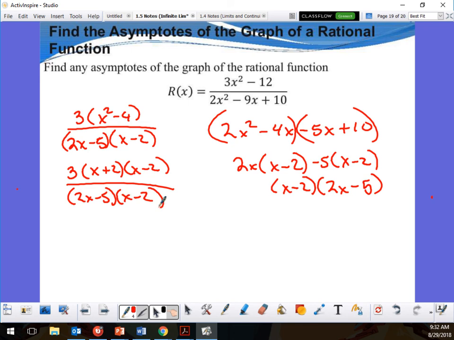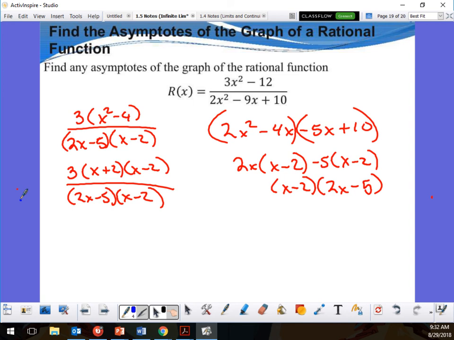So I know I'm going to have some vertical asymptotes, right? Say yes. Okay, I'm going to have vertical asymptotes where? It's where the denominator is equal to 0, right? But can I remove one of those? Yes. Okay, so when I remove it, what is it called? It's called a removable discontinuity.